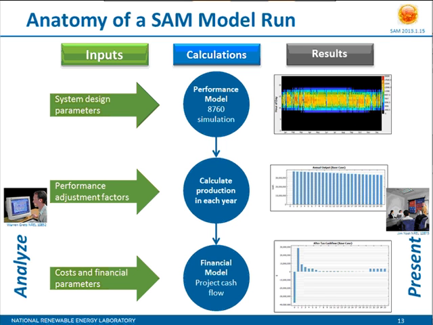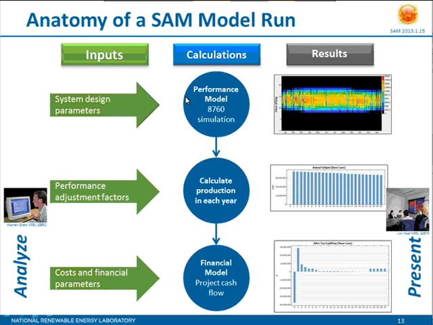Those are a set of factors that you can use to model things like system availability or system degradation, scheduled outages for maintenance, curtailment, anything that affects how much energy is actually going to be delivered to the grid that's kind of outside of the control of the project. And then you've got cost and financial parameter inputs that go into the financial model.